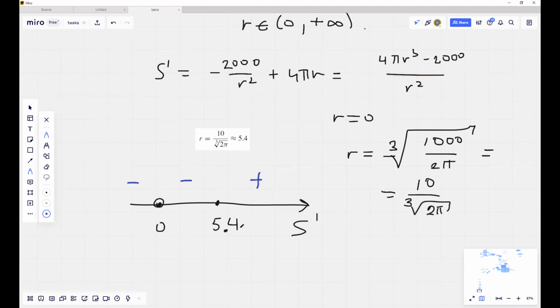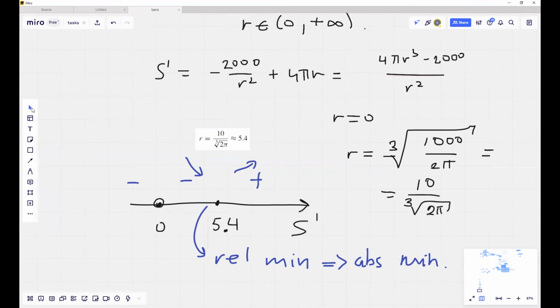So critical point 5.4: our function is decreasing, then increasing, meaning that at point 5.4 we have a relative minimum. Since 5.4 is the only relative extrema point inside of this open interval, it's going to be an absolute minimum of this function on the interval from 0 to plus infinity.